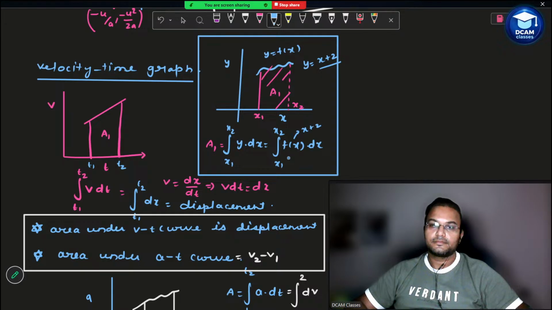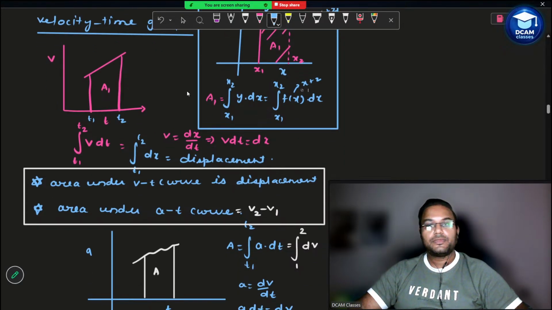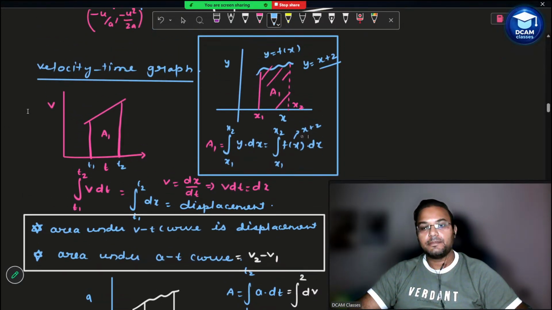Okay, now I understood. It's the general form for calculating the area under the graph. Yes, it is a general thing. So now take this with an example. Suppose you have been given the velocity versus time graph. Now, according to this, the area under the velocity versus time graph, that is the integral from t1 to t2 of v dt, is the area under the curve.